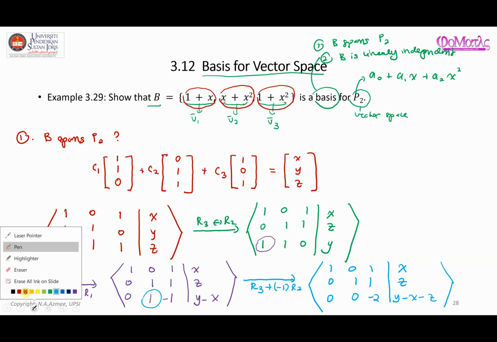Next, I want this number to be equal to 1, so I multiply the third row by negative 1 over 2. The result is 1, 0, 1, x, and 0, 1, 1, z, and here it will be 0, 0, 1, and y minus x minus z over negative 2.